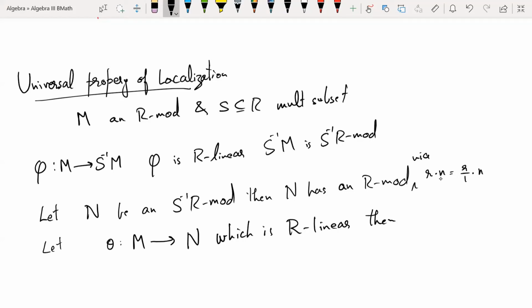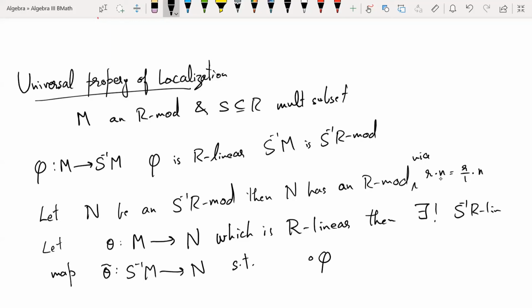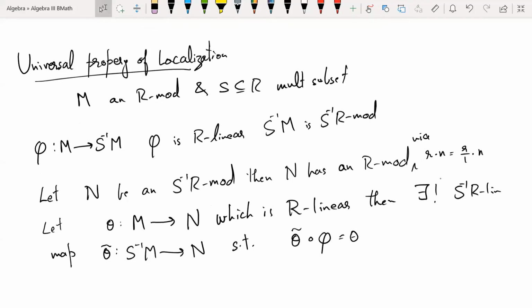Then the claim is there exists, and hopefully unique, an S inverse R linear map theta tilde from S inverse M to N such that this diagram commutes. First you apply phi and then apply theta tilde and you get theta. This will be the universal property of localization.